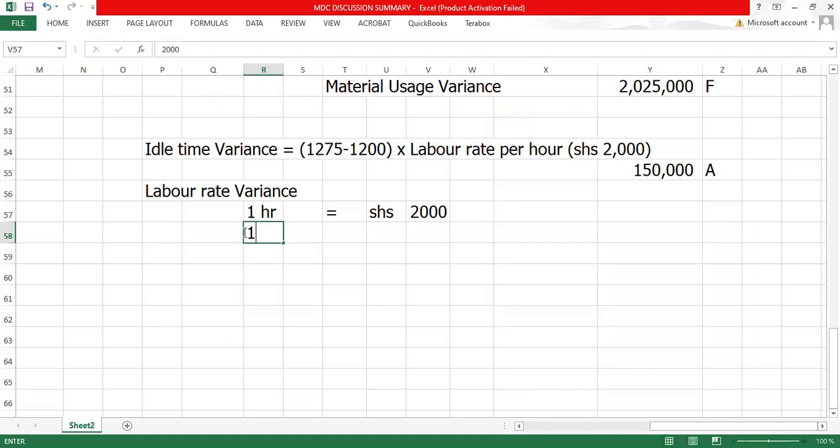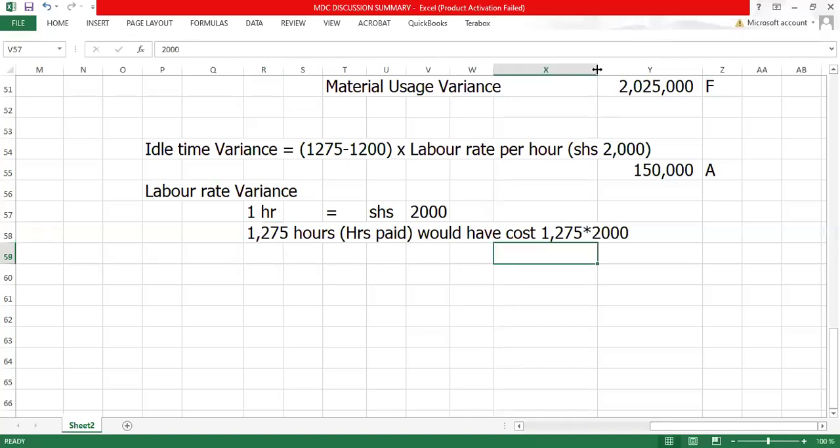So here put 1,275 hours. This is the labor hours paid. Don't put hours worked, because you're looking at labor rate. Put the hours paid. So 1,275 would have cost how much? You get this 1,275, then times 2,000. You get how much?